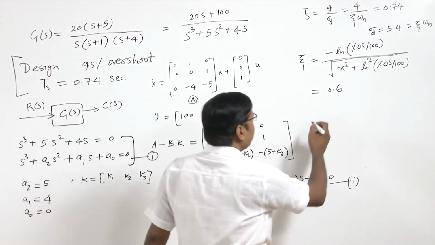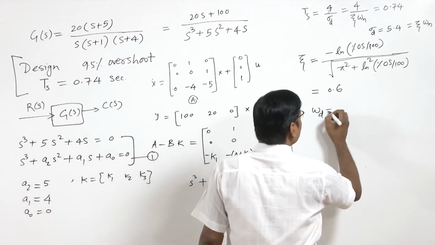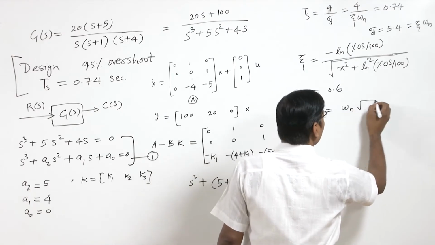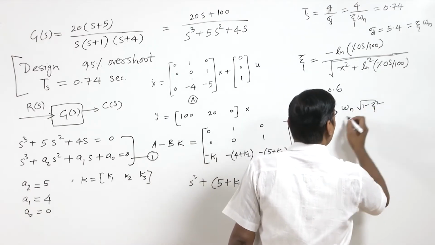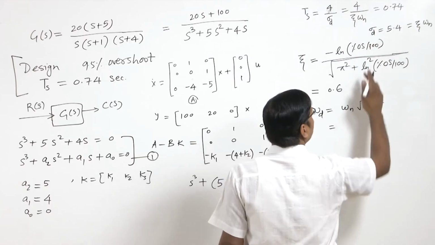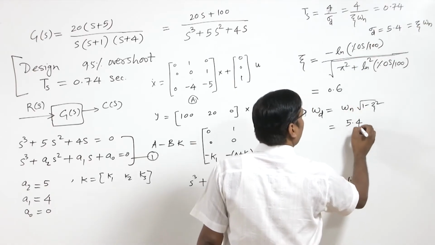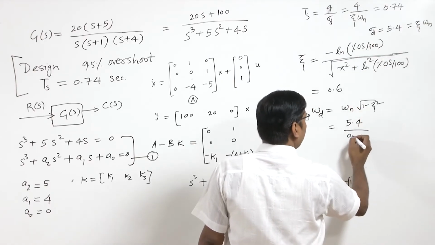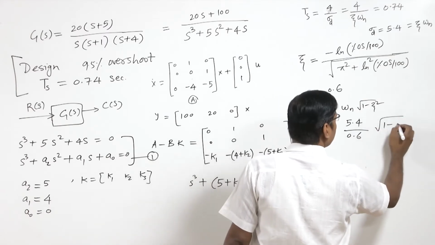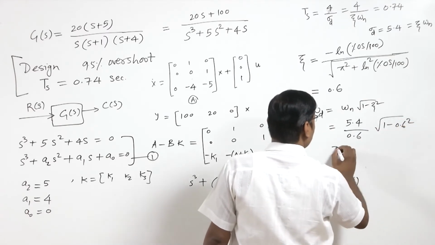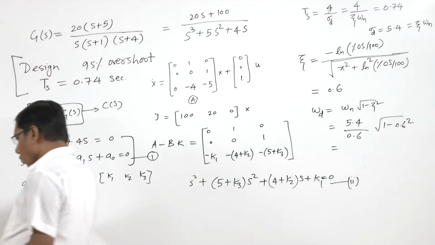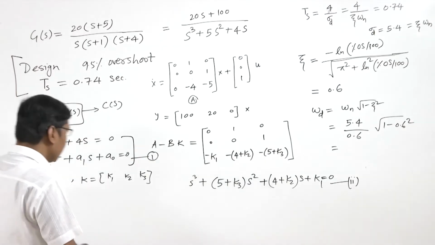And here this is zeta omega n, so we can also find omega n. Omega d equal to omega n root 1 minus zeta square, and omega n equal to sigma d upon damping, that is 0.6 into root 1 minus 0.6 square. So we get omega d equal to 7.2.